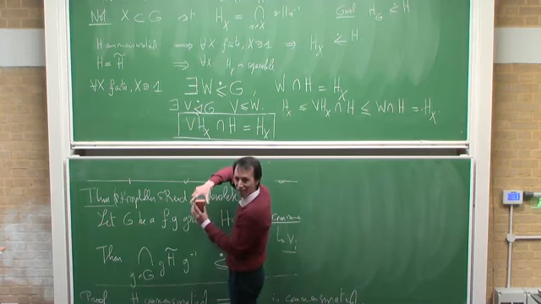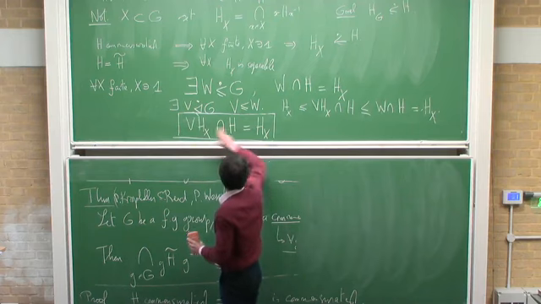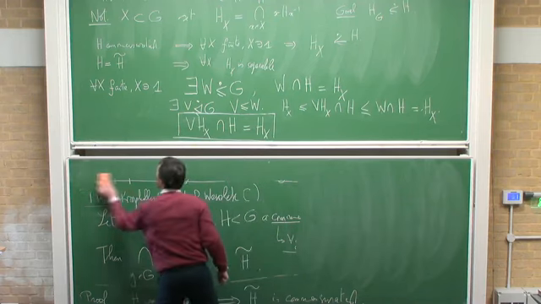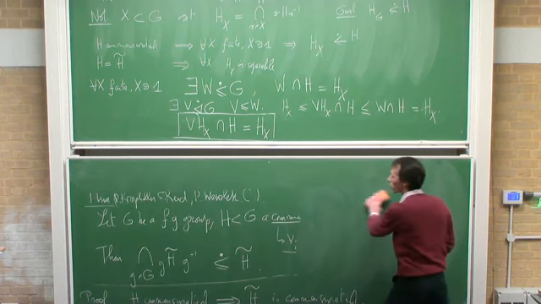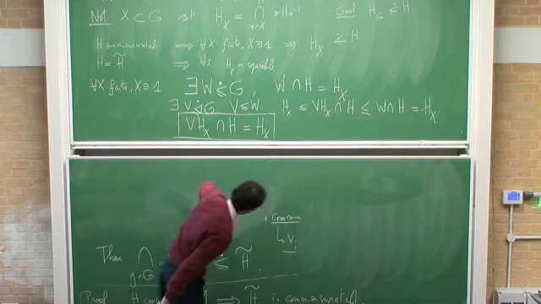And hence it will be satisfied by the whole group, and this will give me an upper bound. That's the strategy now, okay? So let me give you the details.